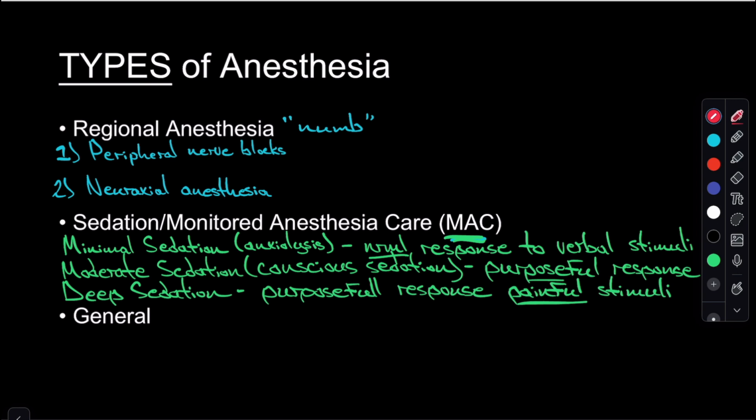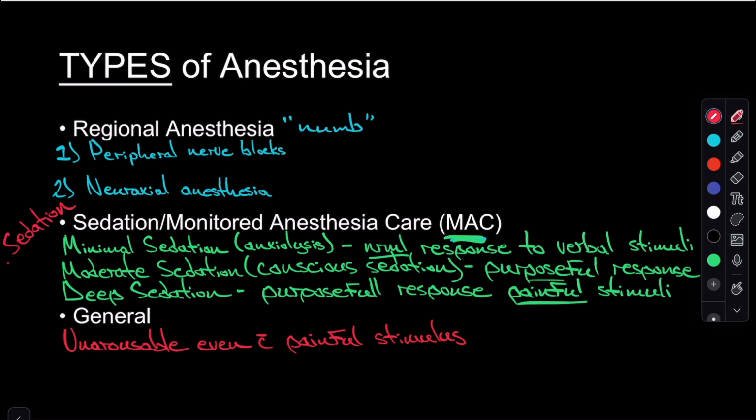General anesthesia is the process of making a patient unarousable even with painful stimulus. This is the 4th stage of the different sedation levels. So the first 3 are minimal sedation, moderate sedation, and deep sedation. And then the 4th stage of sedation is general anesthesia.